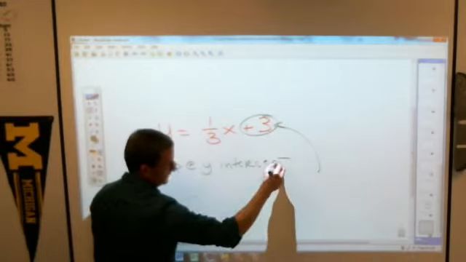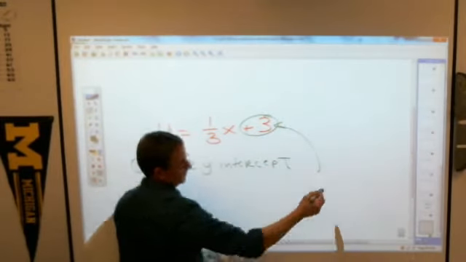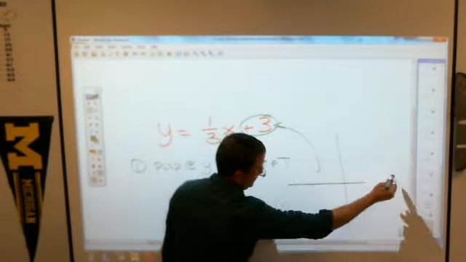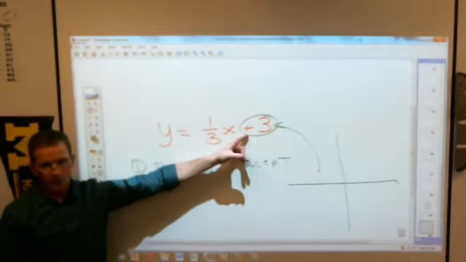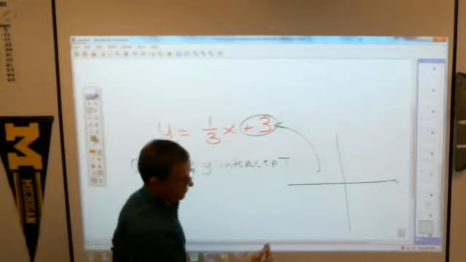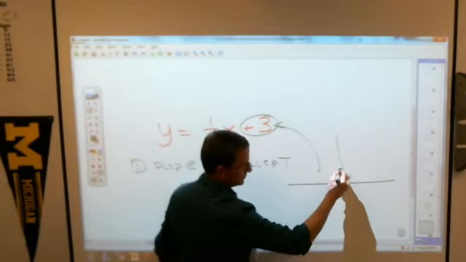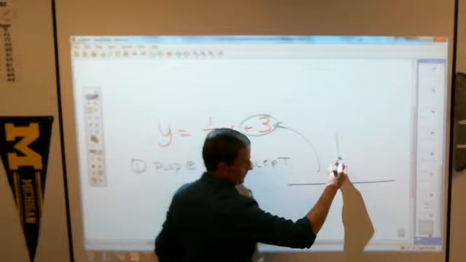This is my y-intercept. That means on my graph, I'm going to start off with a point where? +3 on the y-axis. So here's my y-axis. I go up 1, 2, 3.